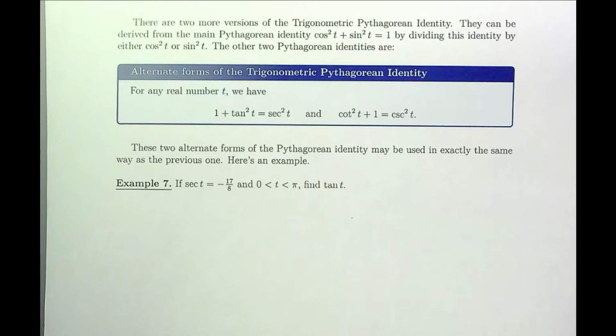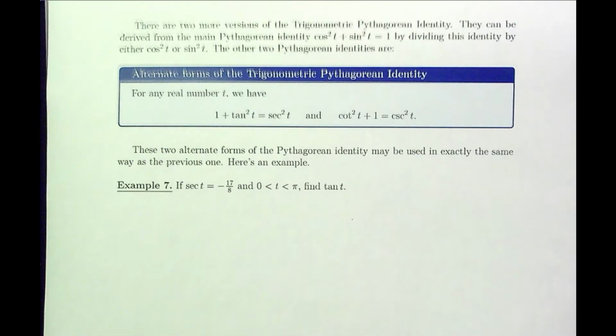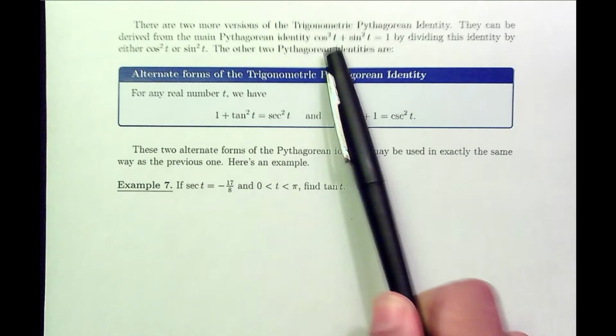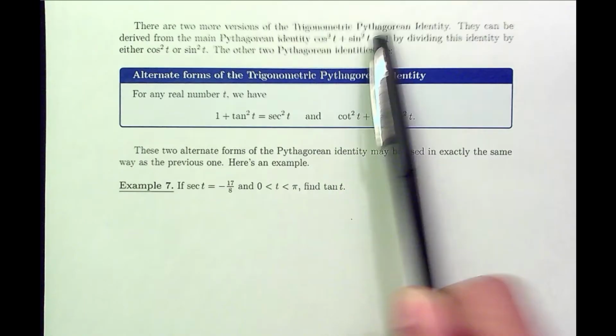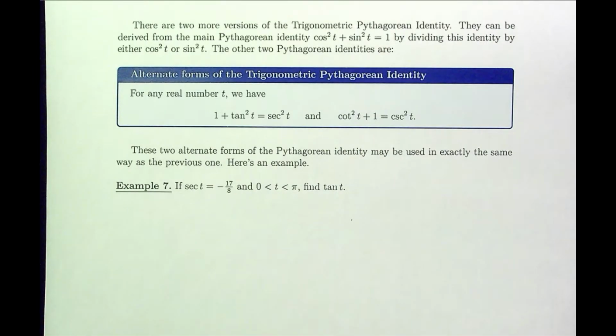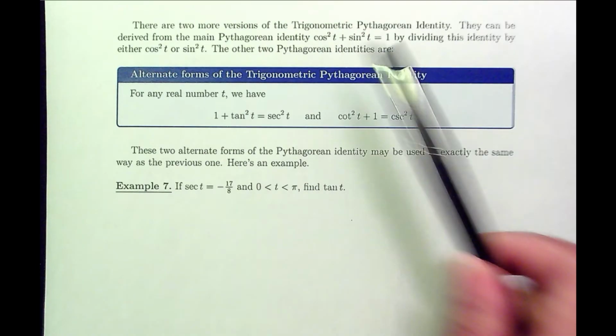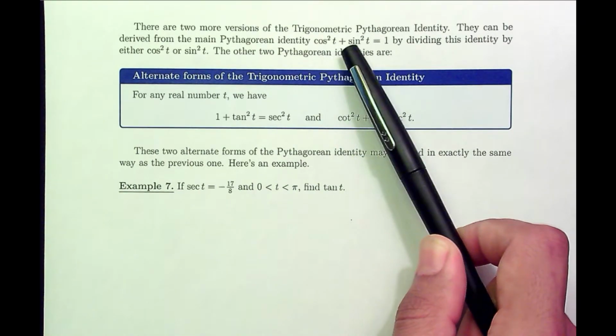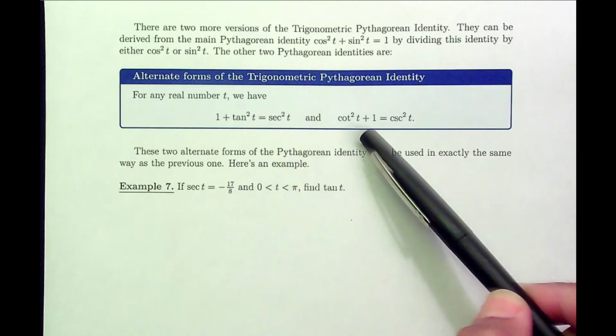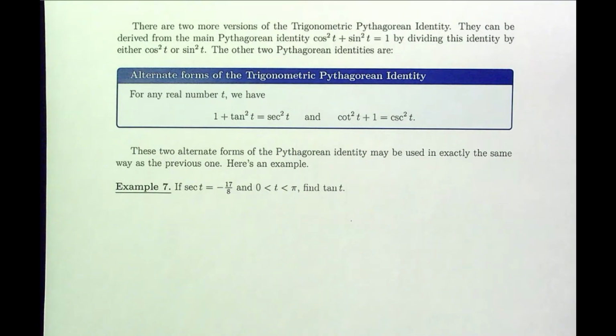All of them are called the Pythagorean identity, although the one that says cosine squared plus sine squared equals 1 is usually the one that goes by that name. So when you say the trigonometric Pythagorean identity, usually this is the one that people are referring to, or the one that comes to mind. But these two are also other versions of the Pythagorean identity, and they can be called the same.